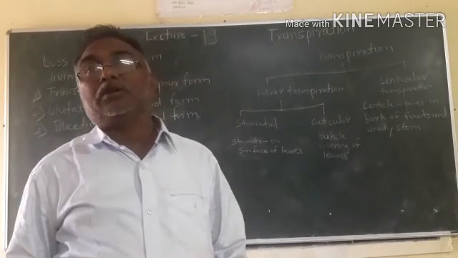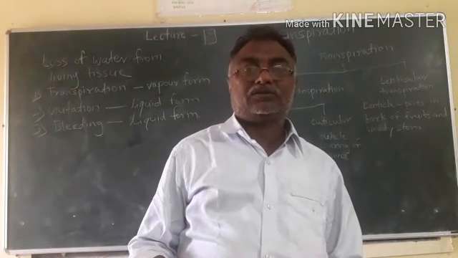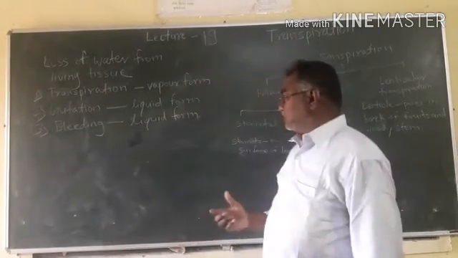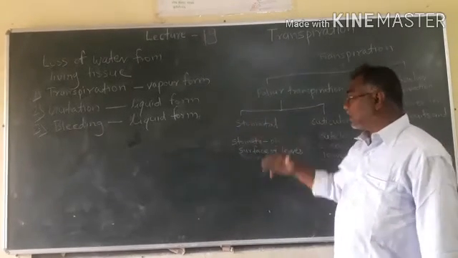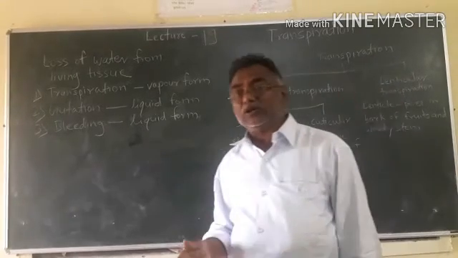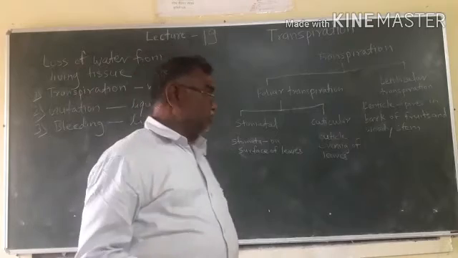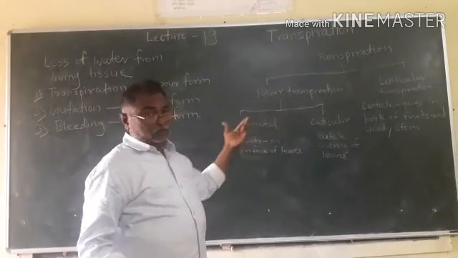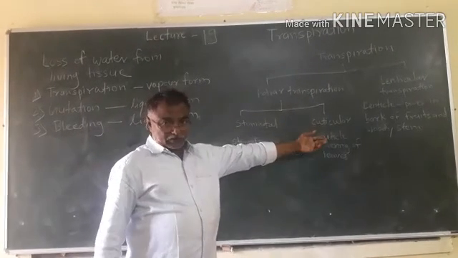Foliar means leaves and young stem parts. So leaves will have stomata and cuticle. From stomata and cuticle, water is lost in the form of vapors. So foliar transpiration divides into two parts: stomatal transpiration and cuticular transpiration.